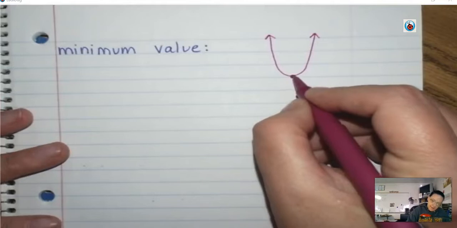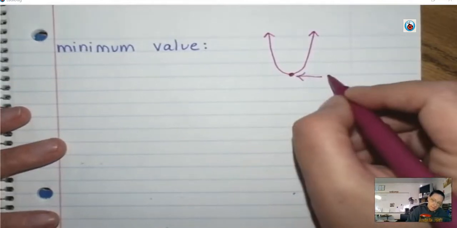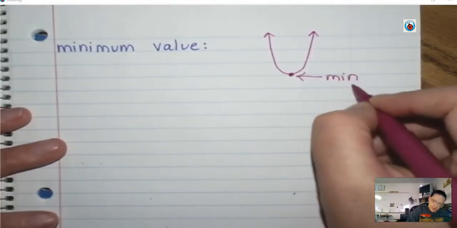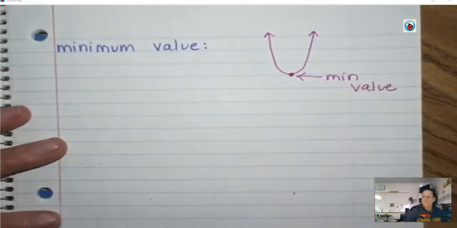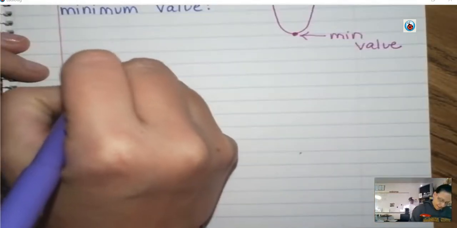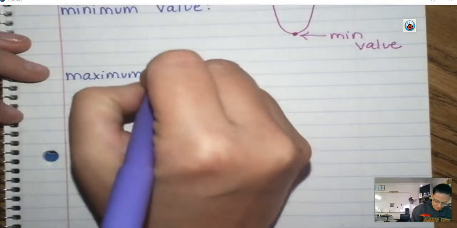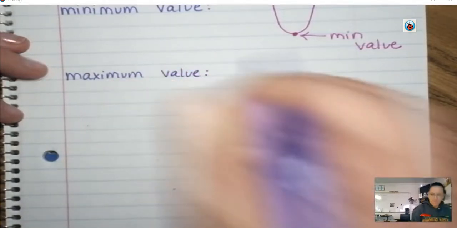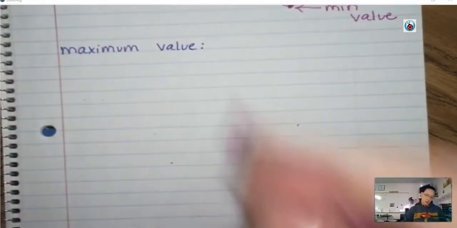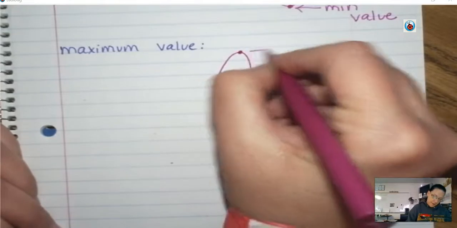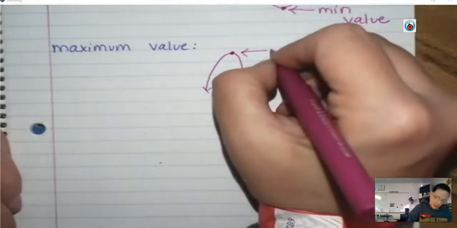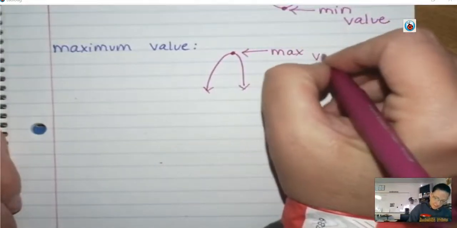That dot, that vertex at the bottom, that is the minimum value. Maximum value, that's when I have a parabola that goes downwards. Well, it's going to be that vertex that's at the top. That will be the max value.